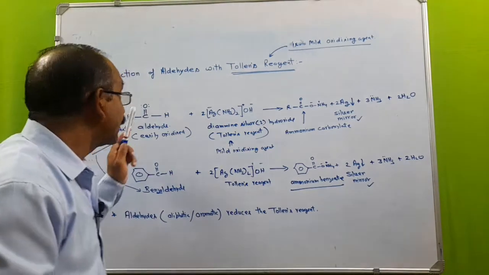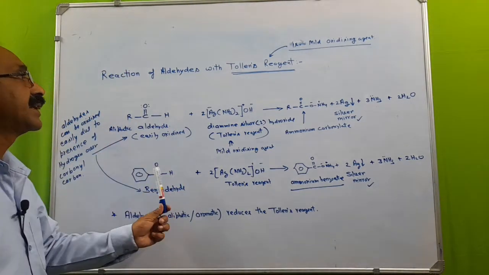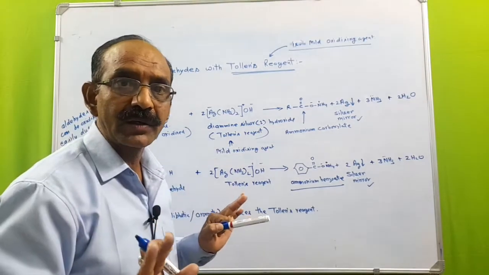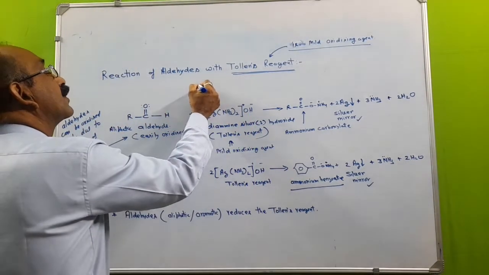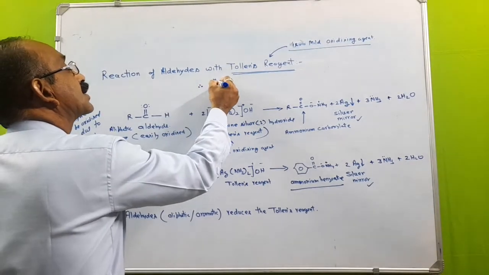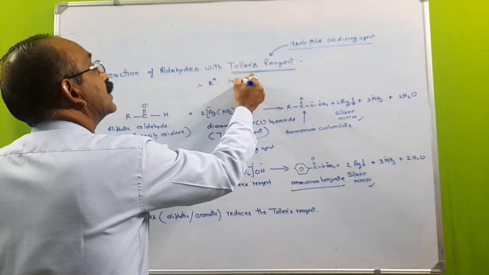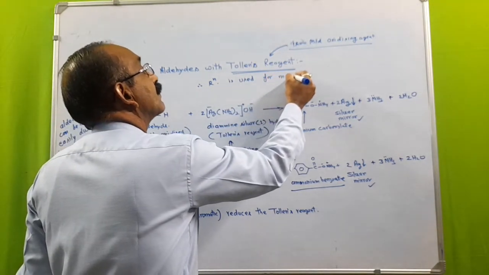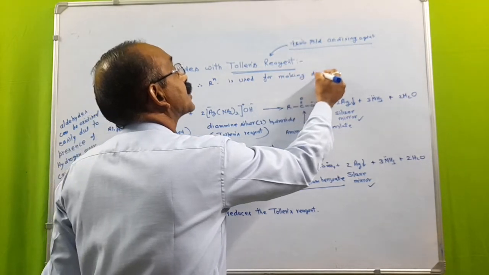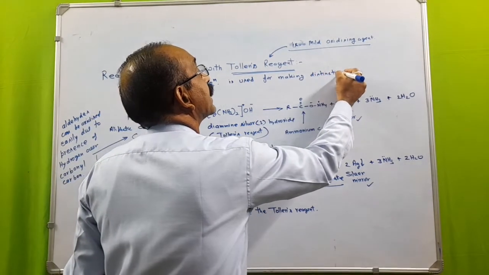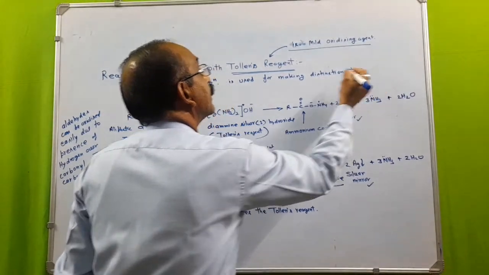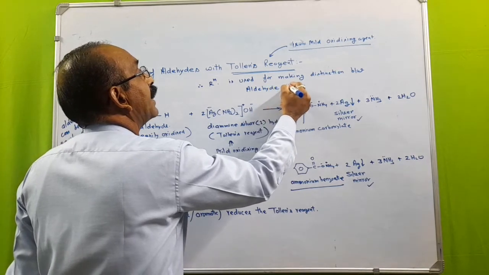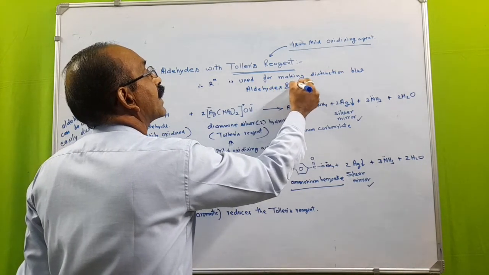See, only and only aldehydes reduce the Tollen's reagent. Ketones do not, and therefore this reaction is used for making a distinction between aldehydes and ketones.